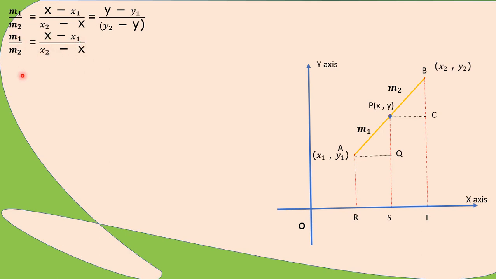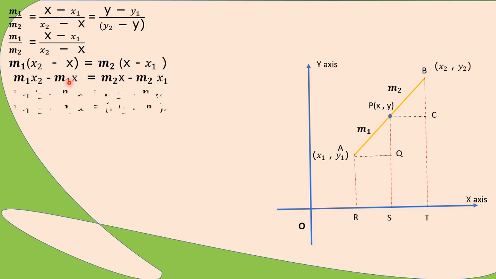Now by cross multiplication we get M1 multiplied by X2 minus X1 and M2 multiplied by X minus X1. Now multiplying, M1x2 minus M1x is equal to M2x minus M2x1. Now take the like terms. Which are the like terms? M2x and M1x. These two are like terms where the variable is x. So we take the like terms on the same side.